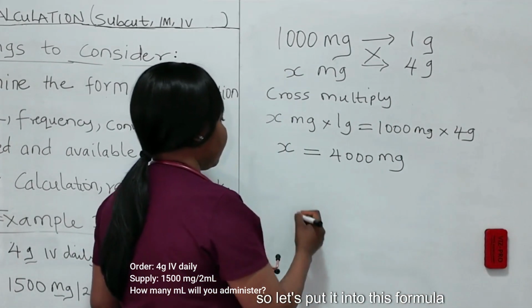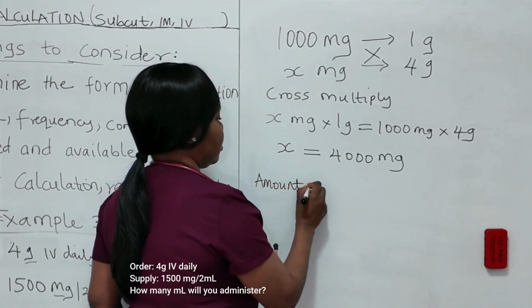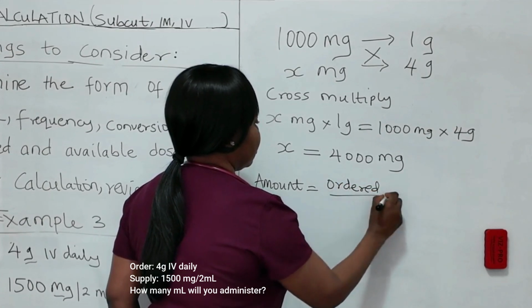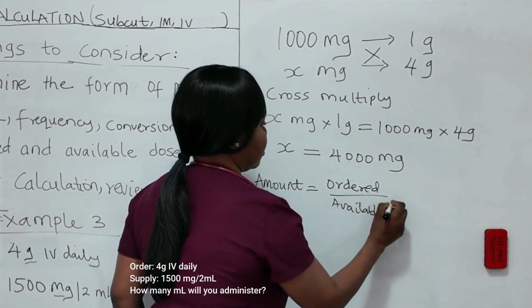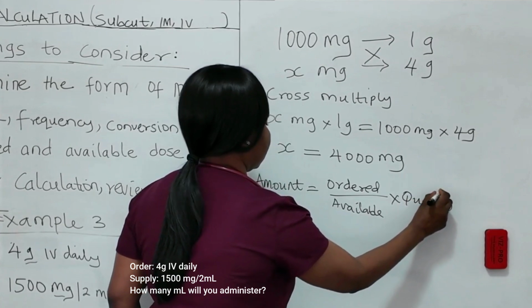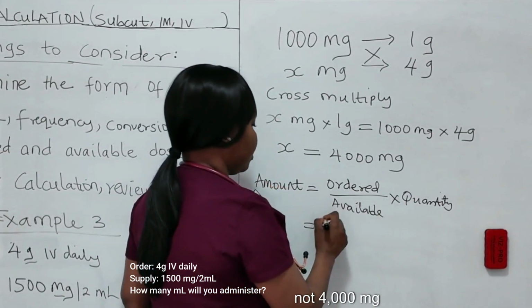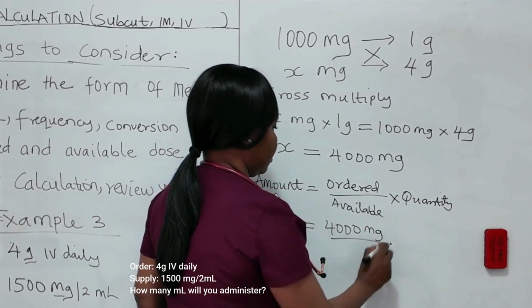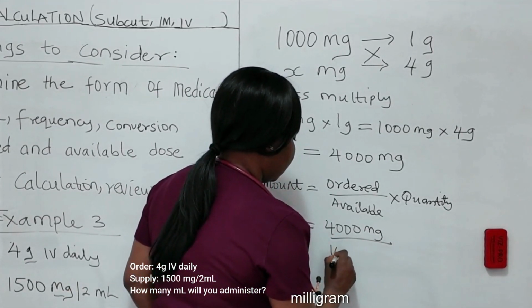So let's put it into this formula, which is the amount to give: ordered or desired over supply or available, times the quantity. So the order now is no longer 4 grams, it's now 4,000 milligram. The available is 1,500 milligram.